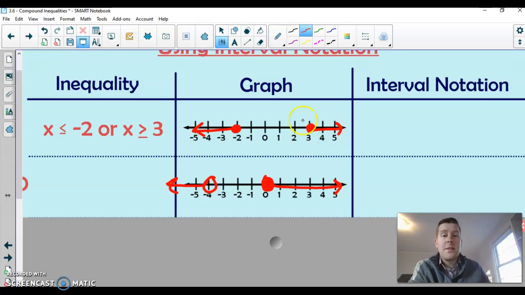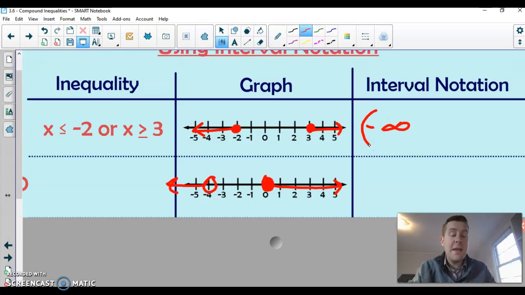If you look at this graph, go all the way to the left and ask yourself, what is the smallest possible solution? Well, since this arrow is pointing to the left, that means our solutions are going infinitely smaller all the way to the left. So our solutions start at negative infinity. Now, when we use an infinity, positive or negative, in interval notation, we always put a parenthesis around that.